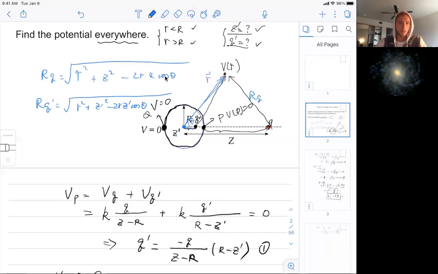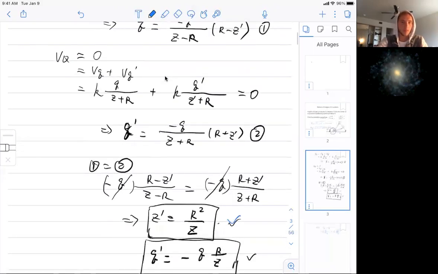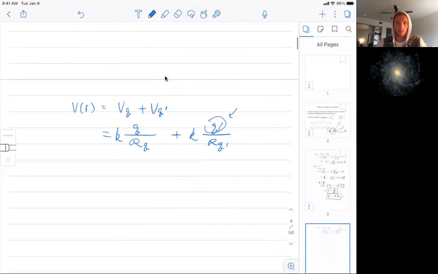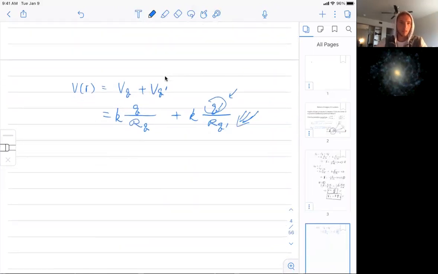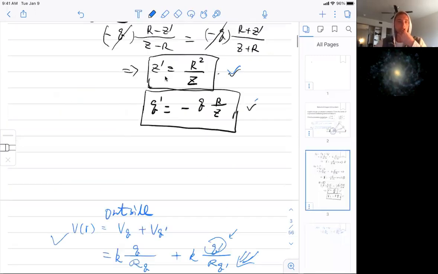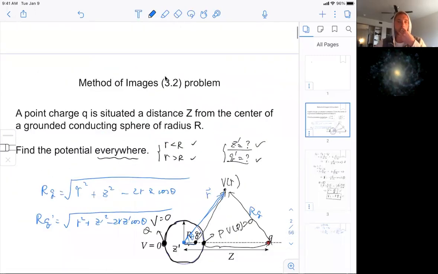You can plug in the z prime, you can plug in the Q prime, and plug everything into this equation. And you have solved for your potential at a random location, any location outside. So this method of images gives us the potential everywhere outside. Do we need to find a way to solve for inside, or do we already know what the answer is going to be?